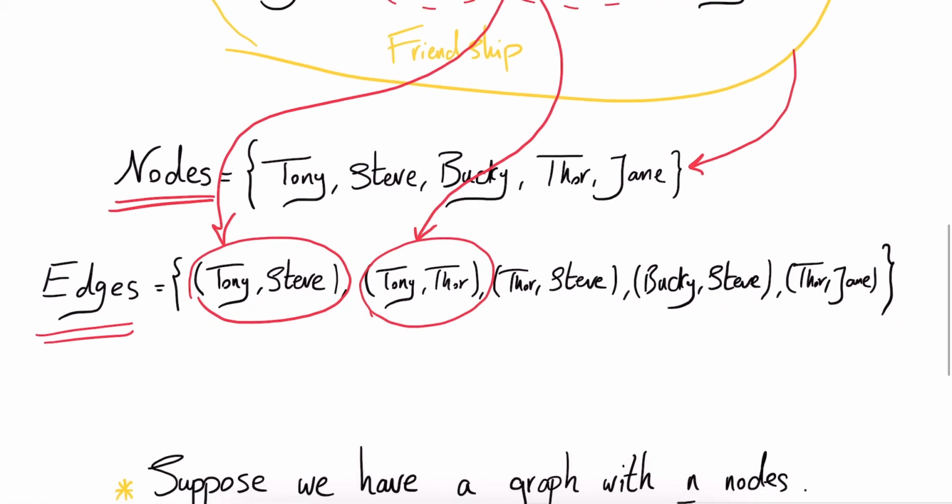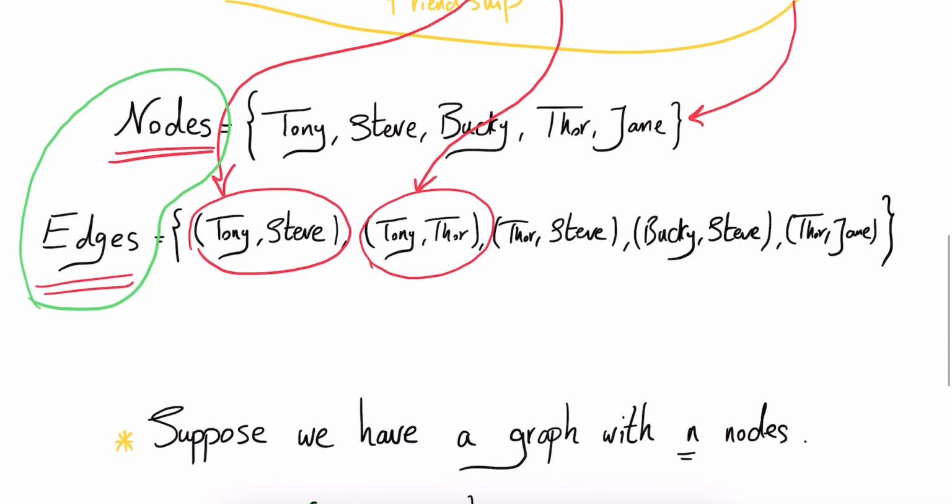And by having these two sets, the set of nodes and the set of edges, we're able to rebuild the graph that we were trying to describe by drawing. So instead of drawing, we can just provide people with these two very important sets.